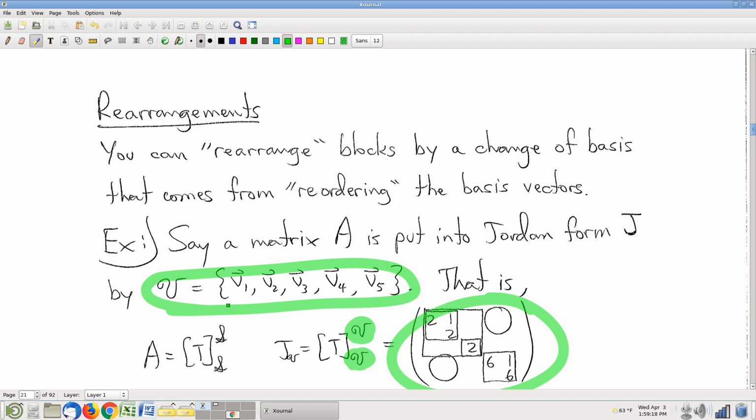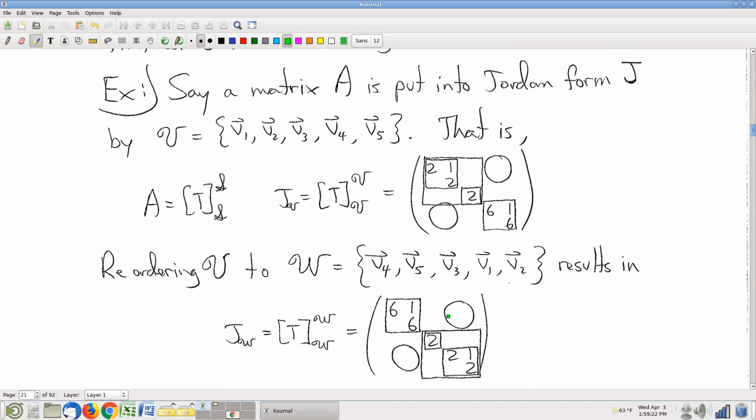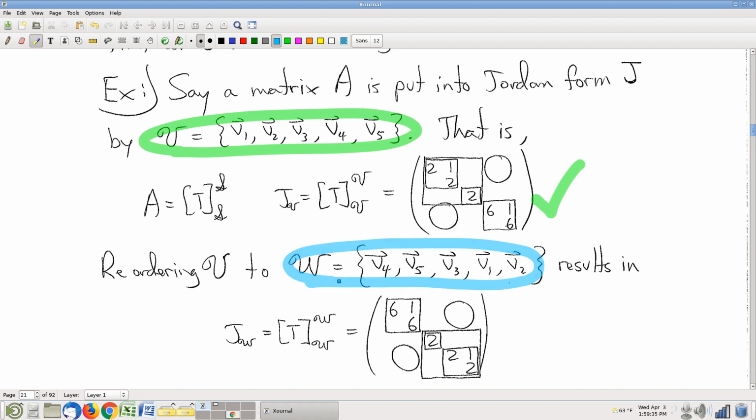So, for example, I assert here that if this basis gives you this Jordan form, then rearranging, so use that W basis now.